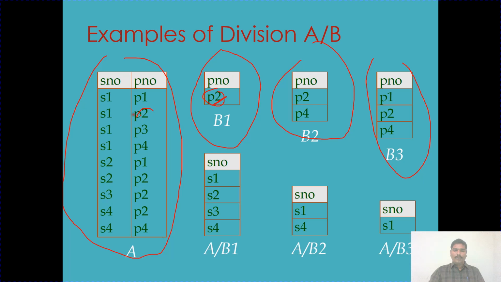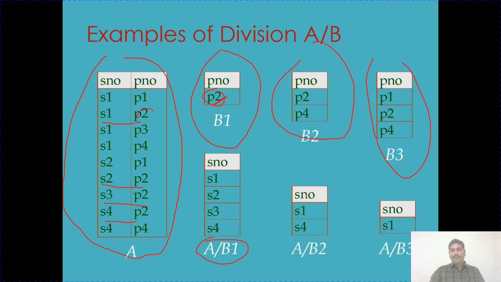P2 values are here and here, here and here. So S1, S2, S3, S4. So the result schema is S1, S2, S3, S4. This is the A by B1 table.